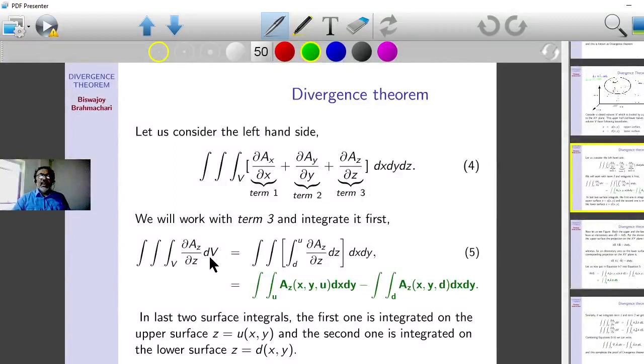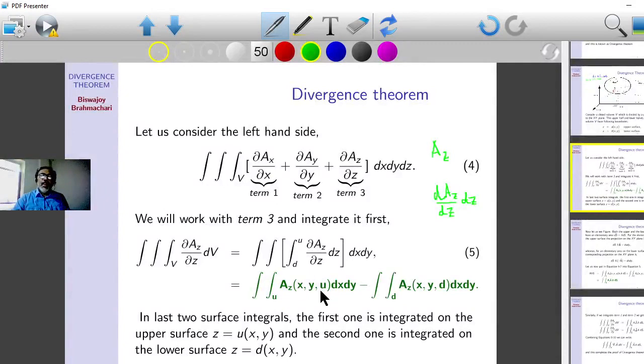The integral of del Az del z dV: we write dV as dx dy dz and integrate over one of the three variables. When we integrate this, we obtain simply Az. And when we insert limits after integrating, we get Az(x, y, u), where u is for the upper surface.